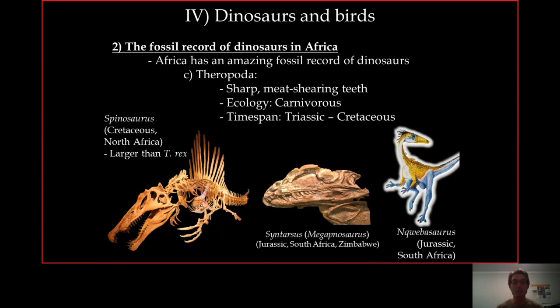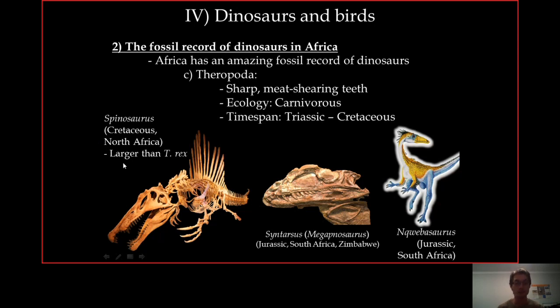And finally, the carnivorous dinosaurs, the third group of dinosaurs, are the Theropoda. The Theropoda are your carnivorous dinosaurs, from quite small to medium sized to very large, the title of largest carnivorous dinosaur being also held by an African species, Spinosaurus, which is found in Egypt, in Morocco, and in Niger, if I'm not mistaken.